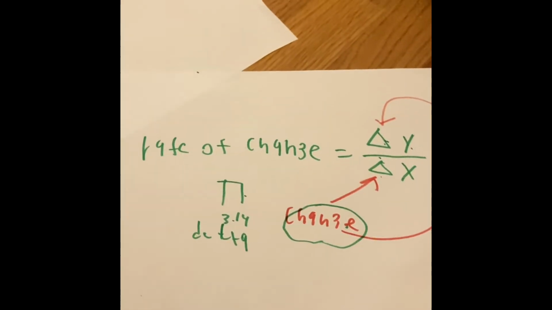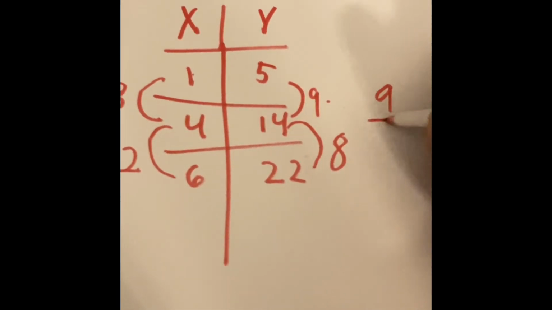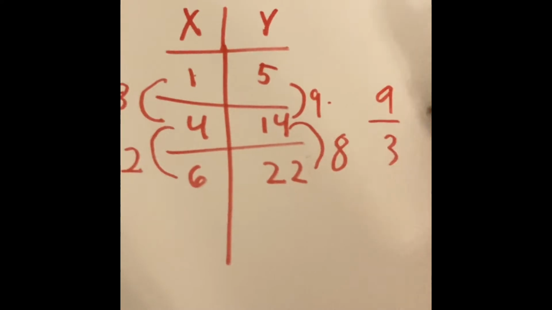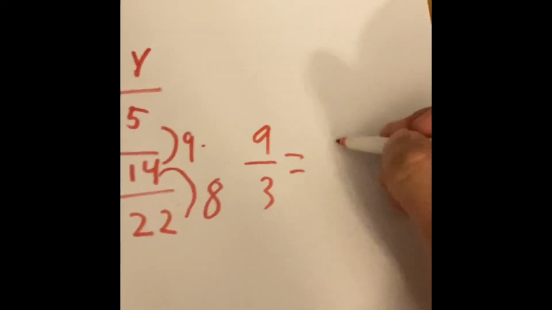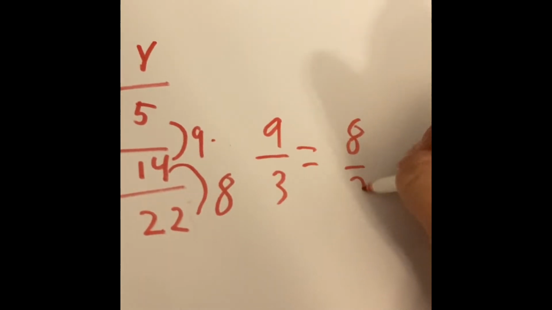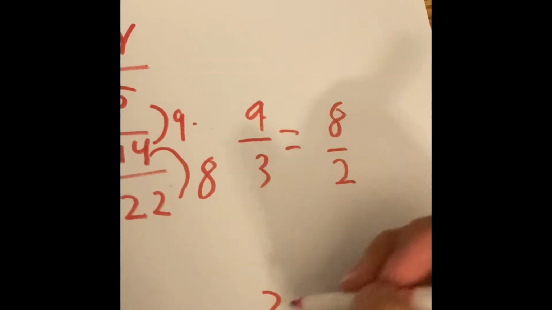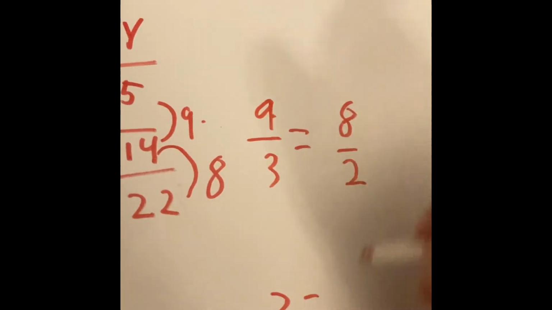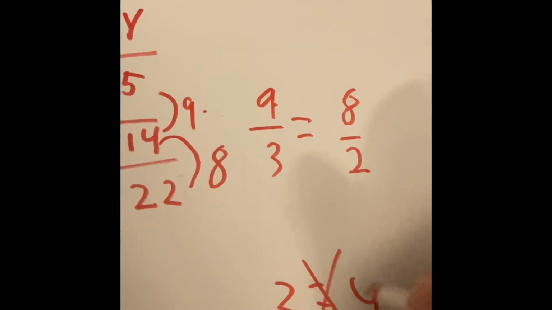Now, let's use the formula and see why it doesn't work. We have 9 divided by 3 equals 8 divided by 2. So 9 divided by 3 is 3, and 8 divided by 2 is 4, and 3 does not equal 4.